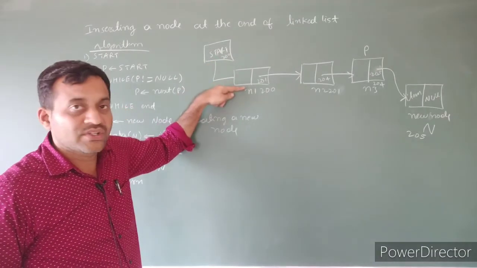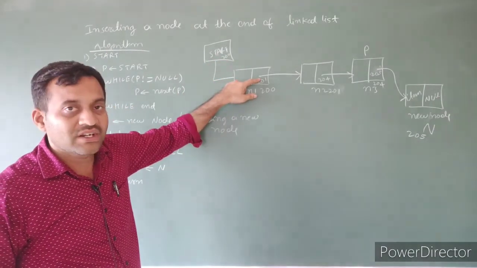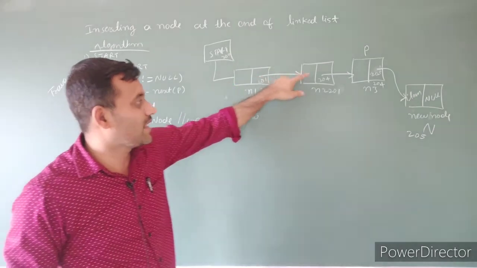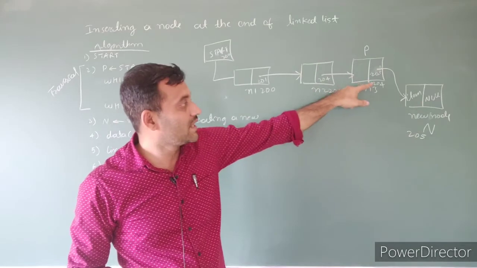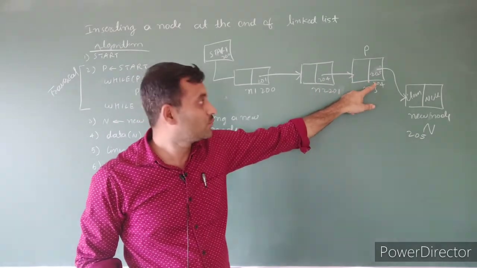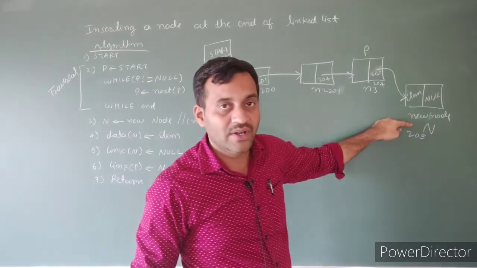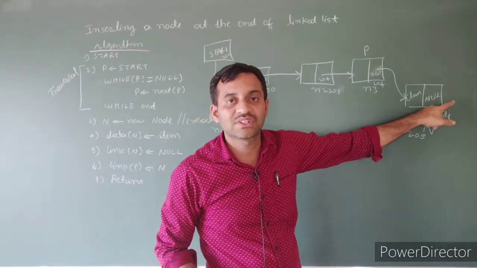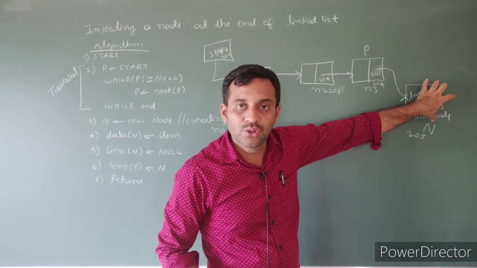The pointer stores the address of the first node, so it can easily access the first node. The link part stores the address of the next node, 201, so it can easily access 201. It stores the address of the next node, that is 204, so it can access 204. Then 204 stores the address of 205, so it can access 205. But the link part of 205 stores null because it is the newly inserted node.